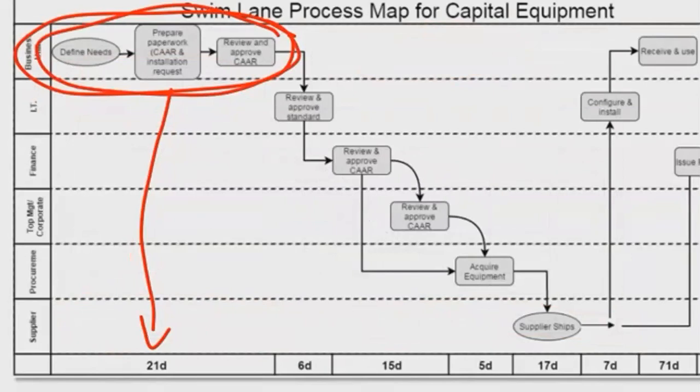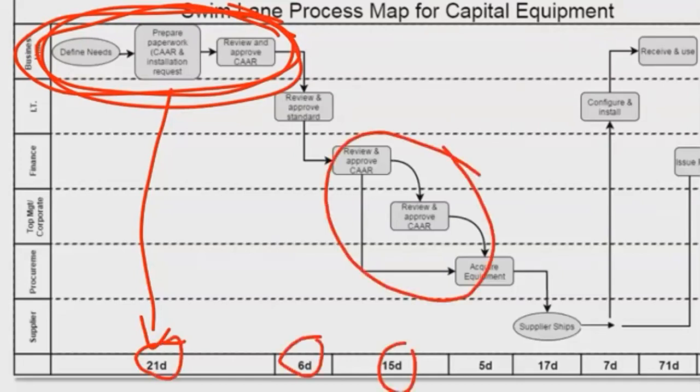So you can see that about 1/3 of the page is spent in these first 21 days of activity, which might then lead team members to go, if we have to focus our limited time and resources on just a few areas for improvement, this 21 days is much bigger than the 6 days or the 15 days of activity that's happening in here, or the 5 days that's happening here.